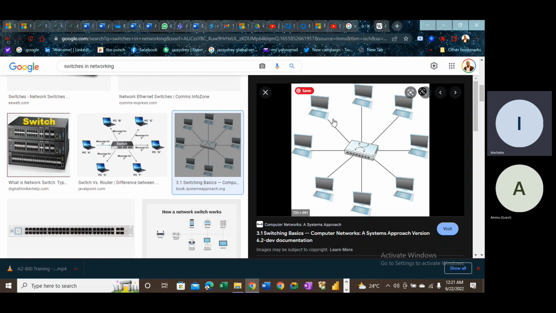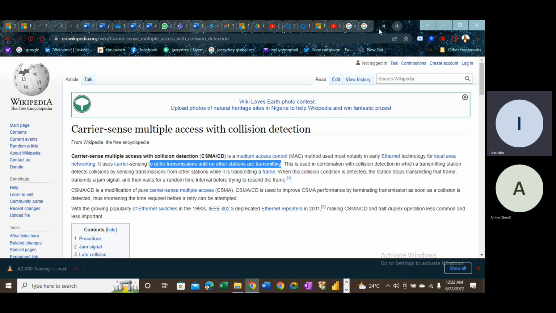This other one wants to send an email too. But assuming you have your switch in the middle, what your switch will do is sense that this one is working, allow this guy to finish sending his file, then allow you to send your own. Do you understand? That is what it means.